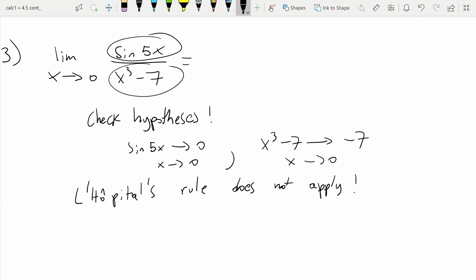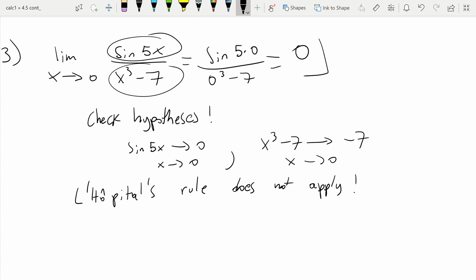So everything here is continuous and everything here makes sense. So we can evaluate the limit by simply evaluating the expression inside. So this is sine of 5 times 0 divided by 0 cubed minus 7, which is just 0 divided by minus 7, which is 0. Okay, so this is the answer.